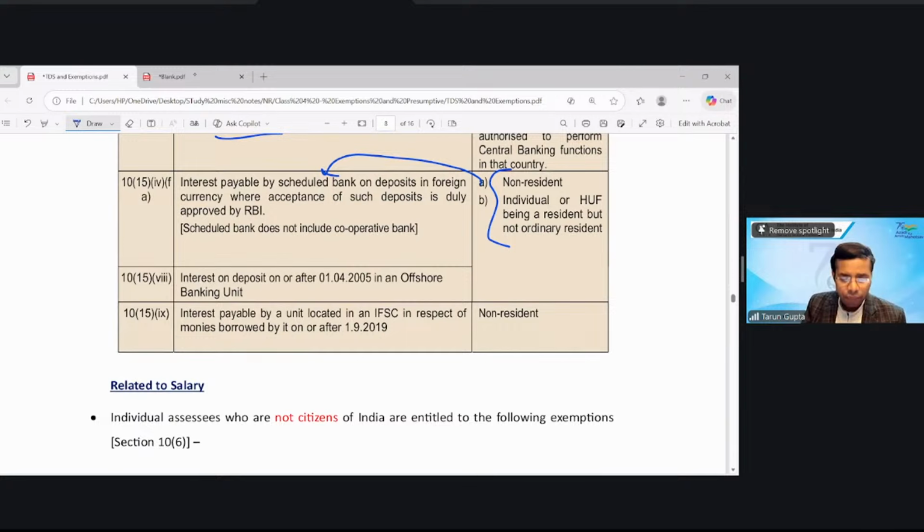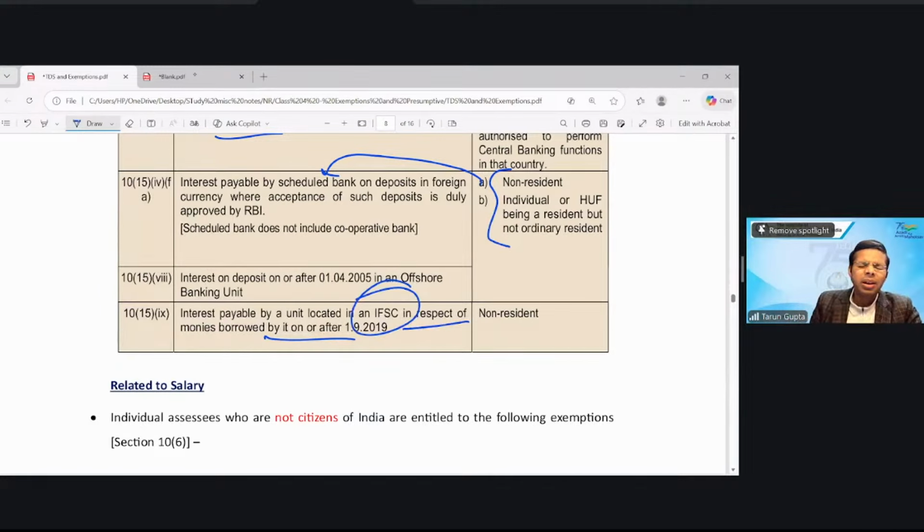Interest on deposit on or after 1st February 2005 in an offshore banking unit is exempt in the hands of a non-resident or RNOR. Interest payable by a unit located in IFSC in respect of money borrowed by it on or after 1st September 2019 to the non-resident is exempt. What is IFSC?